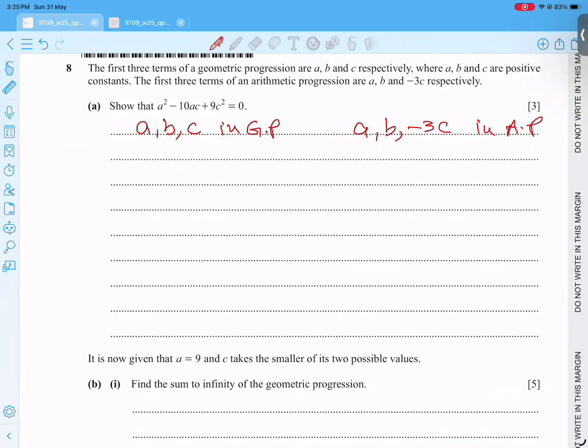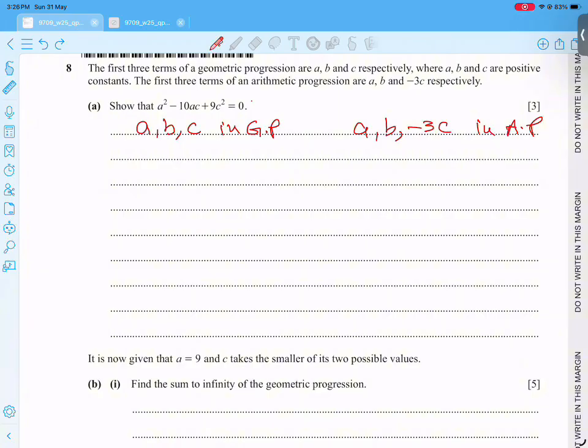This condition is given, and we have to make equations. If we look carefully, b is not there, so we have to somehow make equations and solve them simultaneously.